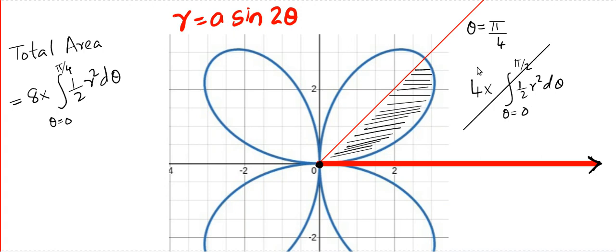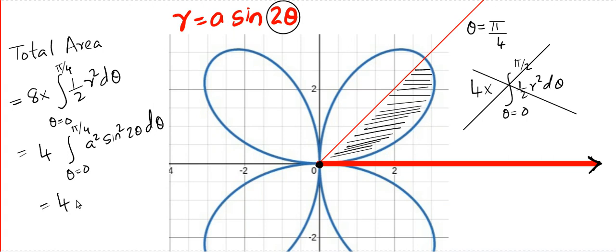But I don't prefer this, I prefer this. Can you guess? Okay, your guess is correct. The angle is 2 theta. So to adjust that, we have kept pi by 4 here. Let's go for that. So we get 4 into integral theta equal to 0 to pi by 4, r square will be a square sine square 2 theta d theta.